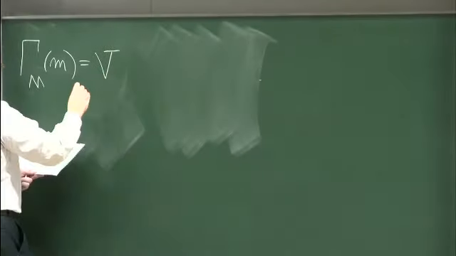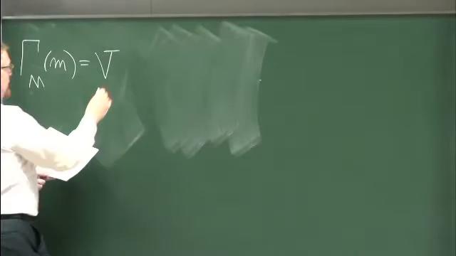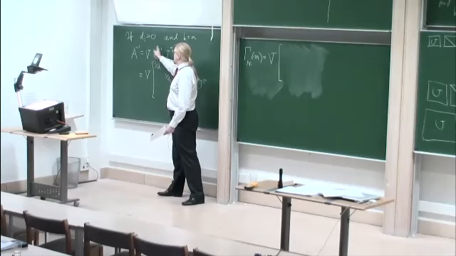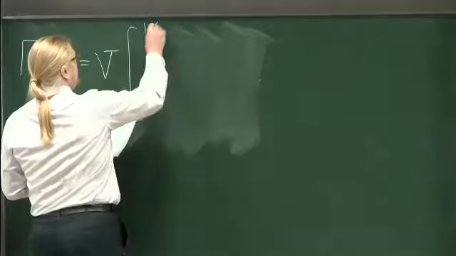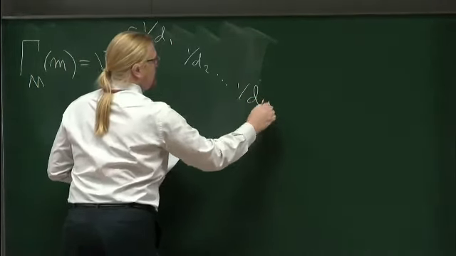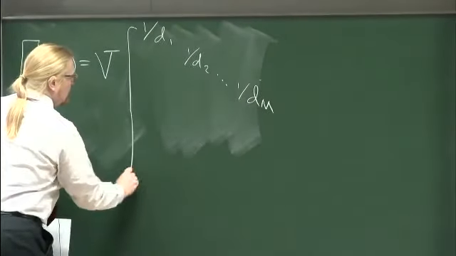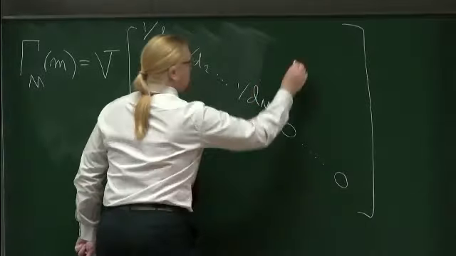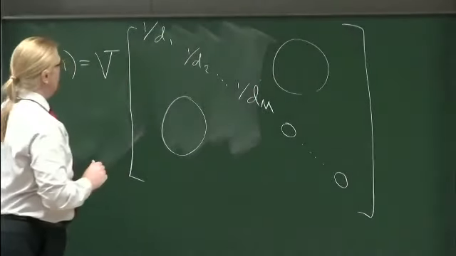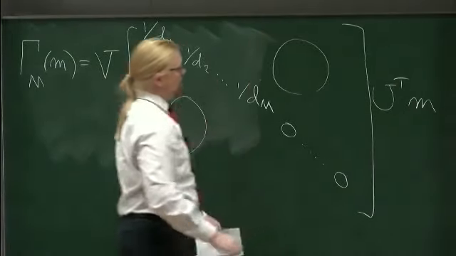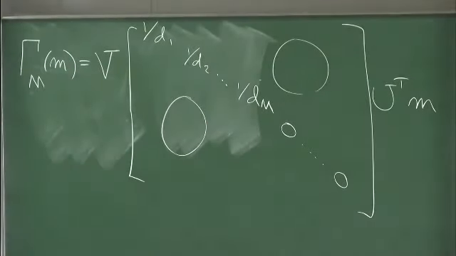To compute the reconstruction, we use this formula, but instead of this very unstable guy, we only have these up to some index m, where we use the actual inverses, and from that point on, we just use 0. Everything else is 0 in this diagonal matrix. And here we have U transpose multiplying M. So this is our first example of a regularized inversion method.